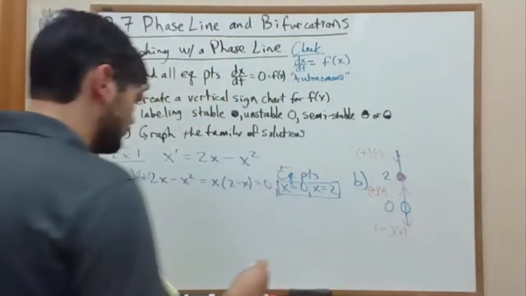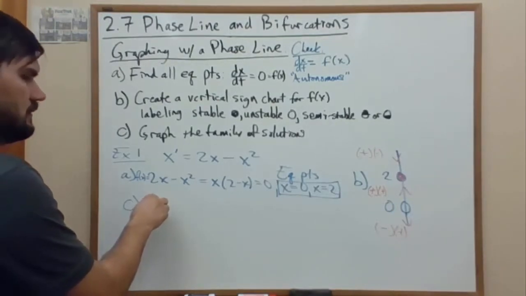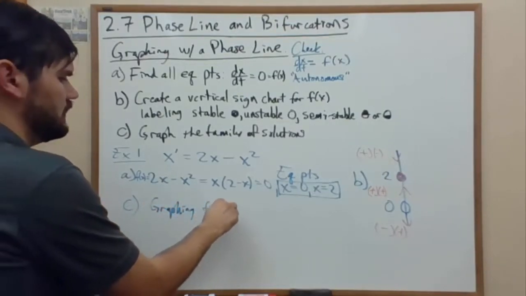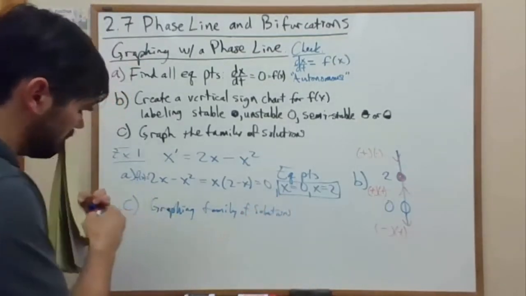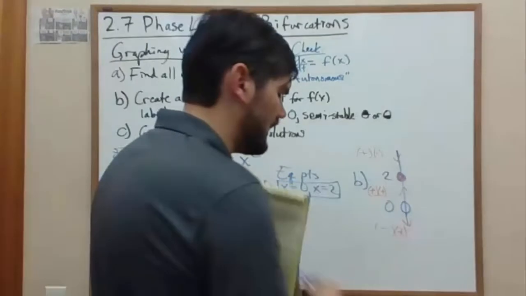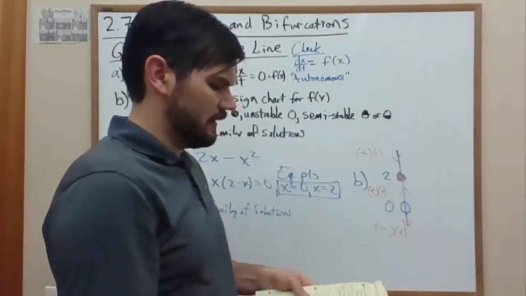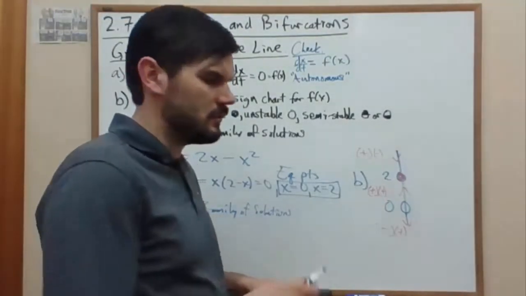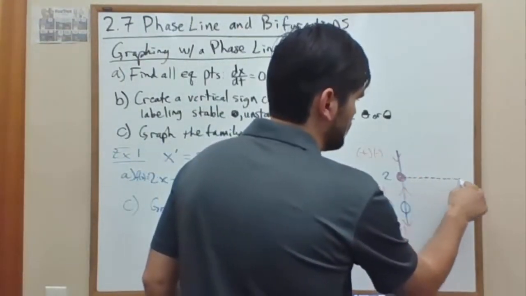Let's wrap it up by graphing the family of solutions. Now, what does this mean? Well, instead of drawing a slope field, which is a lot of work to do by hand, we are going to instead follow the arrows towards these equilibrium points, or away, depending on what they are.